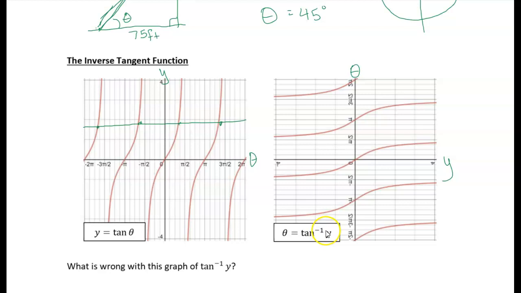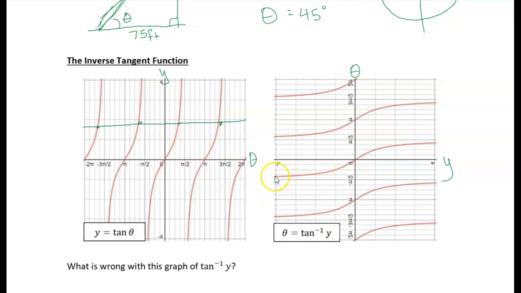And I want to restrict the range so that I can put in any tangent value and get a single output, because a function has to have only one output for every input. If you put something into your calculator, you just want to get one thing out. You don't want to get multiple angles out and then have to figure out which one is right.